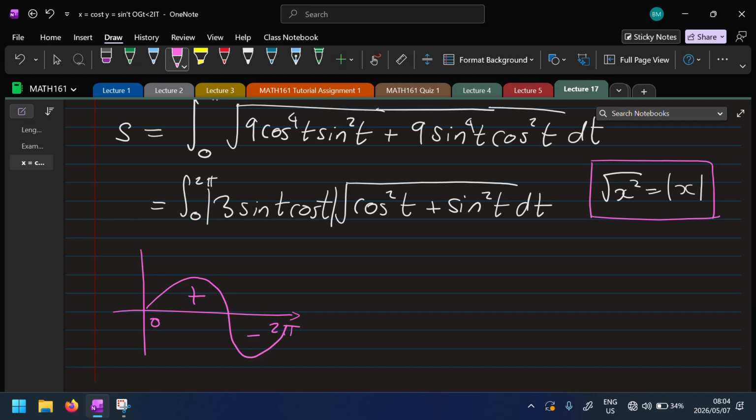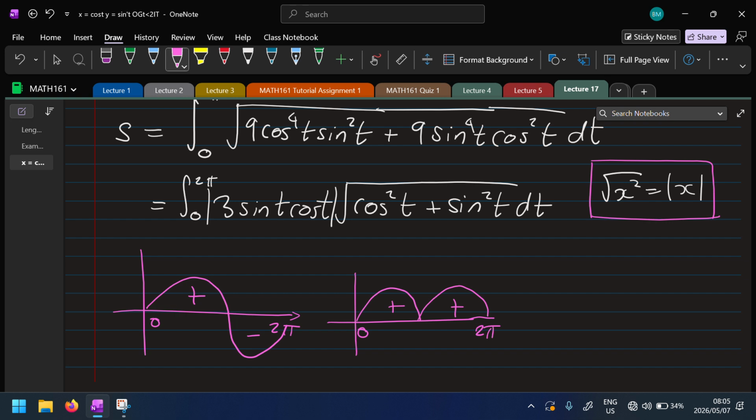What is that integral from 0 to 2 pi? It will be 0. But if we include the absolute value, like we should, this is what it's going to look like. Both parts are now positive. Now it's non-zero. Does everyone see that?